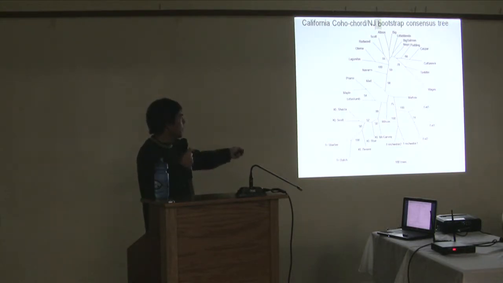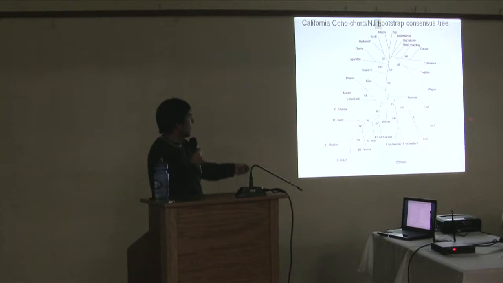A few things to note: one is there's a very strong division between all of the populations north and south of the boundary of the Central California coast and the SONC ESUs, which is nice. And then again, within basins, local populations are all really quite closely related.